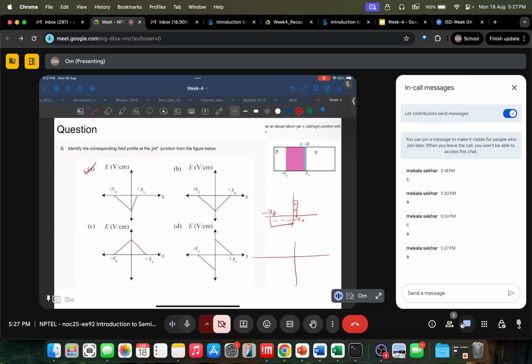So electric field would also be like this: here it will increase, then decrease rapidly. There's no electric field in the quasi-neutral region. Electric field is zero. Electric field only exists in this region.